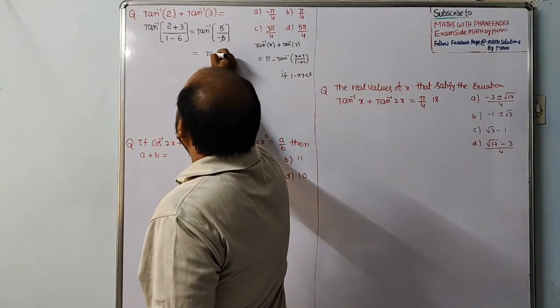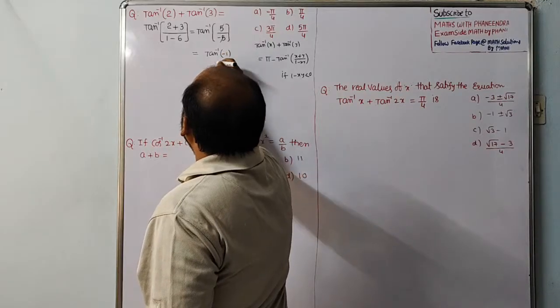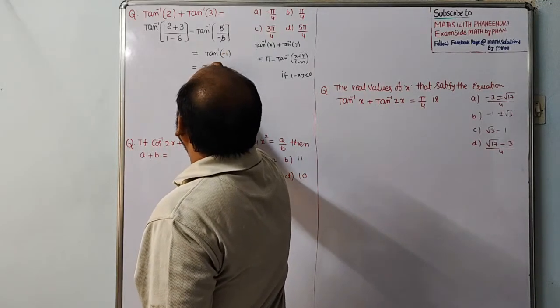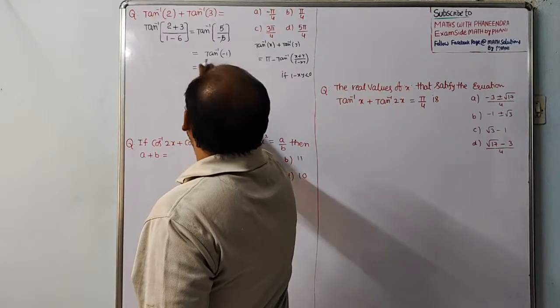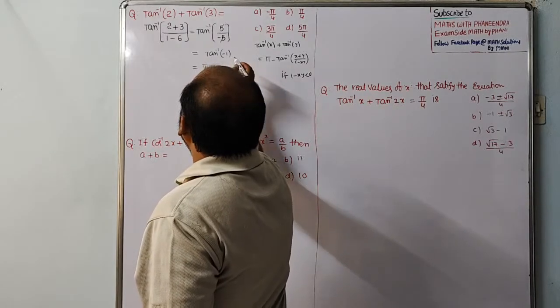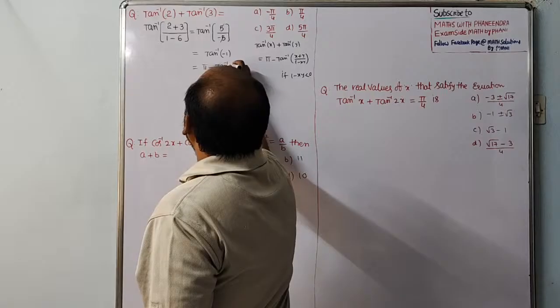So tan inverse of minus 1, we can write it as pi minus tan inverse of 1.